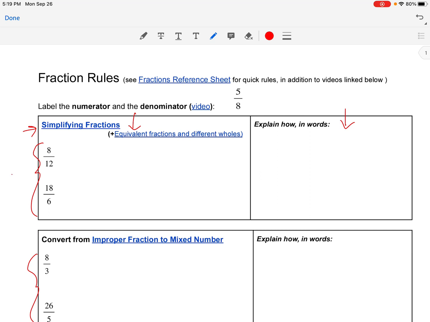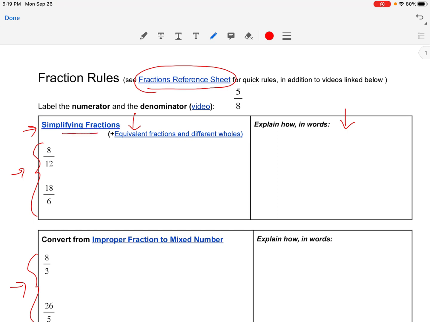So the things that you can use if you need a review of how to simplify fractions or how to convert from an improper fraction to a mixed number or anything on this sheet, there's a couple of things you can use. If you go here and you click on this, this is a fractions reference sheet. It's a condensed 2 pages of how to do most of these operations with fractions, with examples.